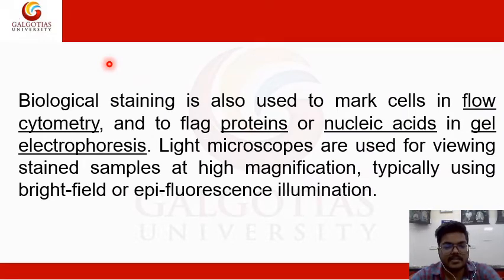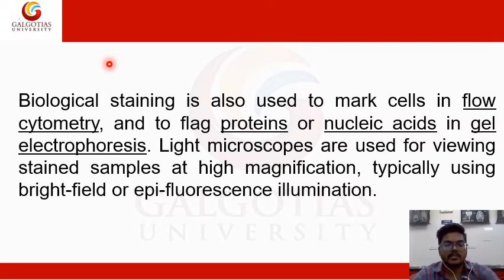Now biological staining is also used to mark cells in flow cytometry. Flow cytometry is a type of cell differentiation technique in which we can define the different types of morphology of different cells, and to flag protein or nucleic acid in gel electrophoresis.